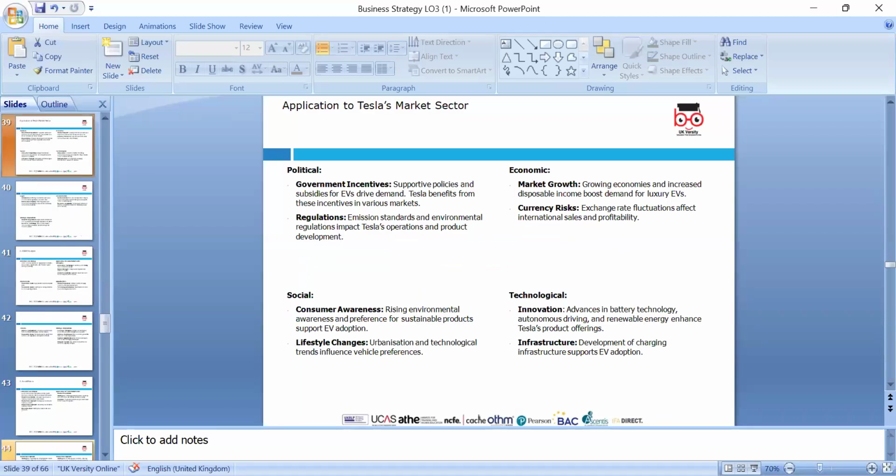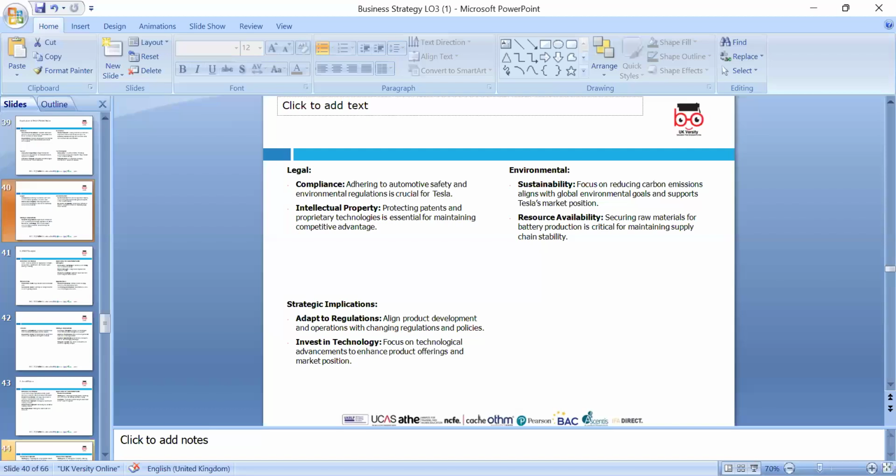So if we are applying this to Tesla, we can look at these political, economic, social, and technological factors. In the light of these factors, we can look at the government incentives. Social factors are rising environmental awareness, the lifestyle is changing, the market is growing into emerging markets, disposable income, and innovation and technology infrastructure.